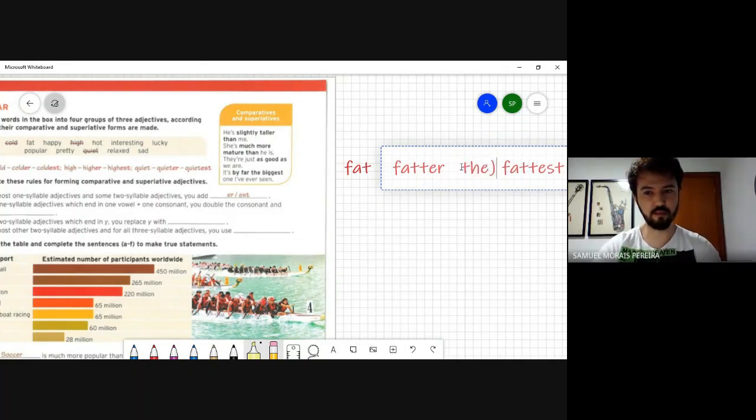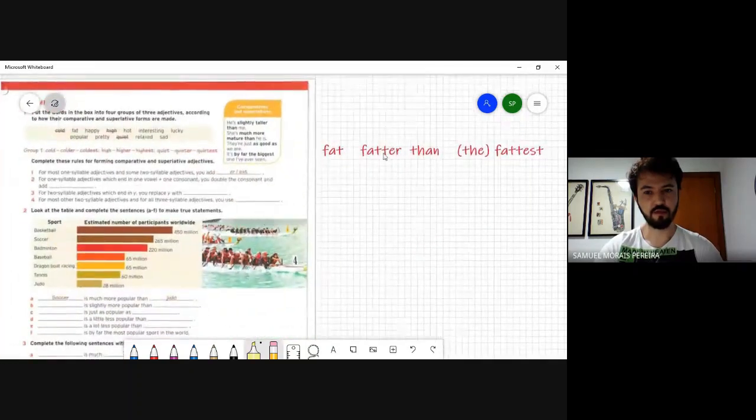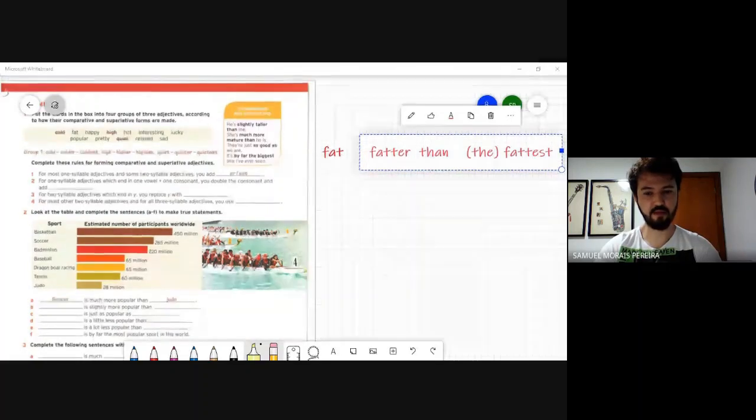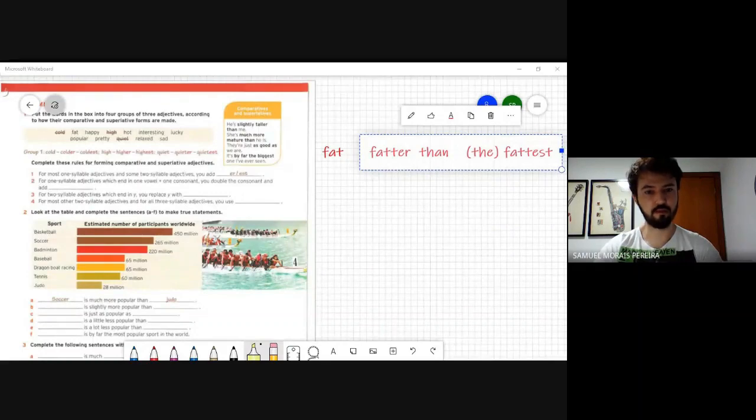Mas eu acho bom vocês sempre lembrarem aqui do the, e aqui você tem o than no comparativo, tá bom? Então, na verdade, eu vou lembrar vocês lembrarem assim, ó. Fat, fatter than, the fattest, ok? The fattest. It's really important to understand that you have to use the and than, ok? Depending on the case.